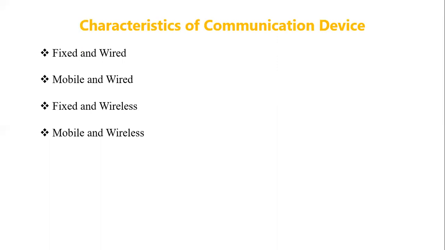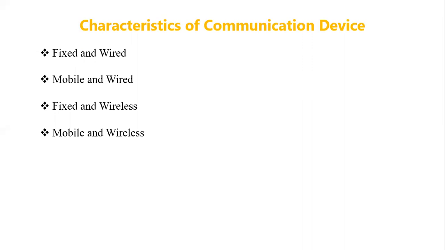Such a network is called a fixed and wired network. The size of the computer will be huge, and its weight also will be high. So basically these are not portable. These are not mobile. You cannot carry it anywhere. So they are fixed, and also they avail wired services. Such devices come under the fixed and wired category.